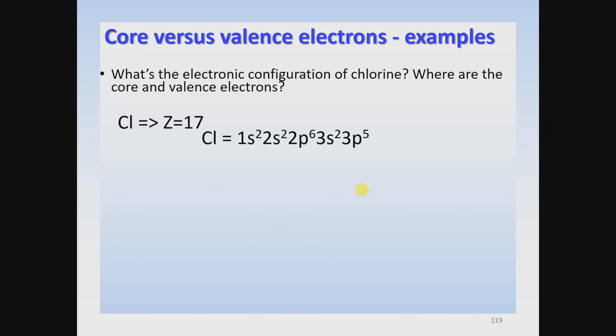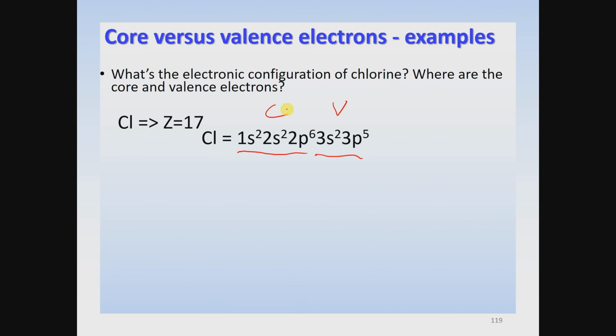To identify the valence electrons, we look for the electrons in numerically the highest energy level, which is the third. These are the valence electrons here. For the core electrons, we look for the electrons in the lower energy levels, the first and second. These are the core electrons here.